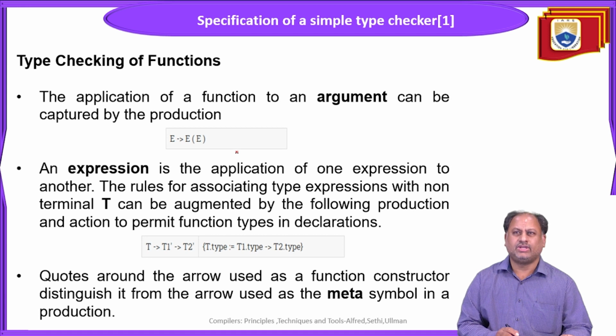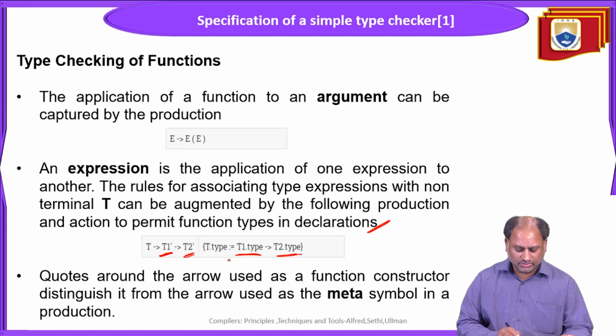Functions: application of a function to an argument can be captured by using the production E derives E of E. So the application of one expression to another can be specified by applying rules such as association of a type expression with a non-terminal T, which can be augmented by the following production and action to permit function types in the declarations. Now what is the type T1? That is calculated as T1 type, T2, T2 type.